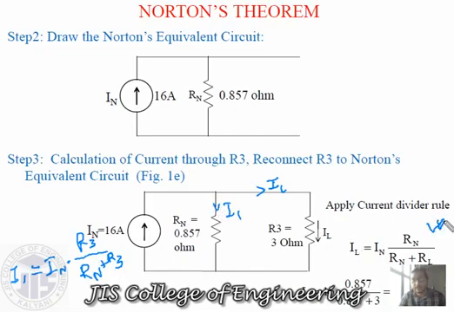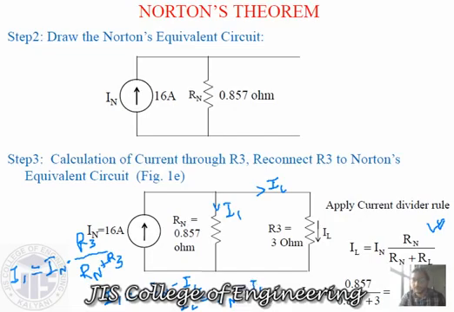Simply after finding the IL current, you can find this I1 current like this also: I1 is equal to our overall current, that was IN, minus IL. This is also possible, no problem. If you first find this I1 current, then again you can find this IL current also: IL will be IN minus I1, that is also possible, no problem at all.